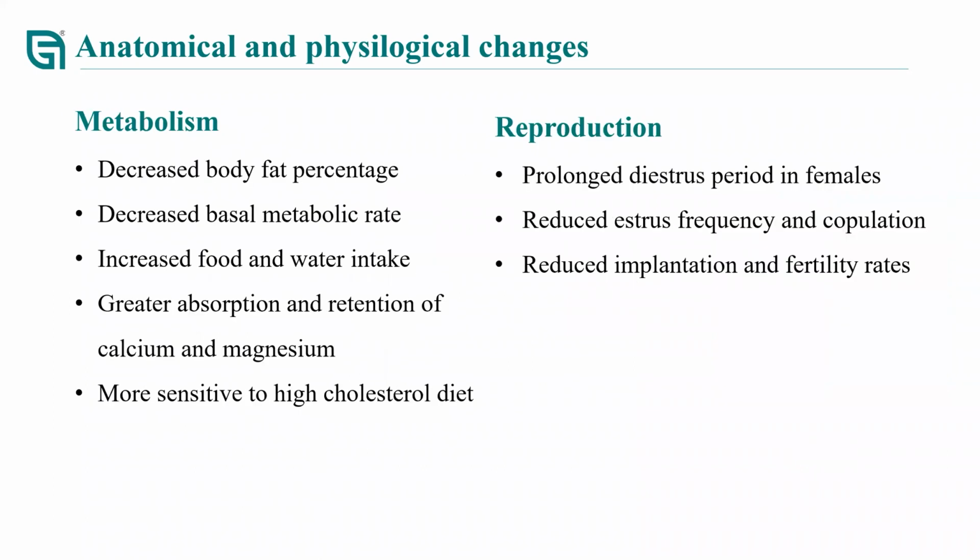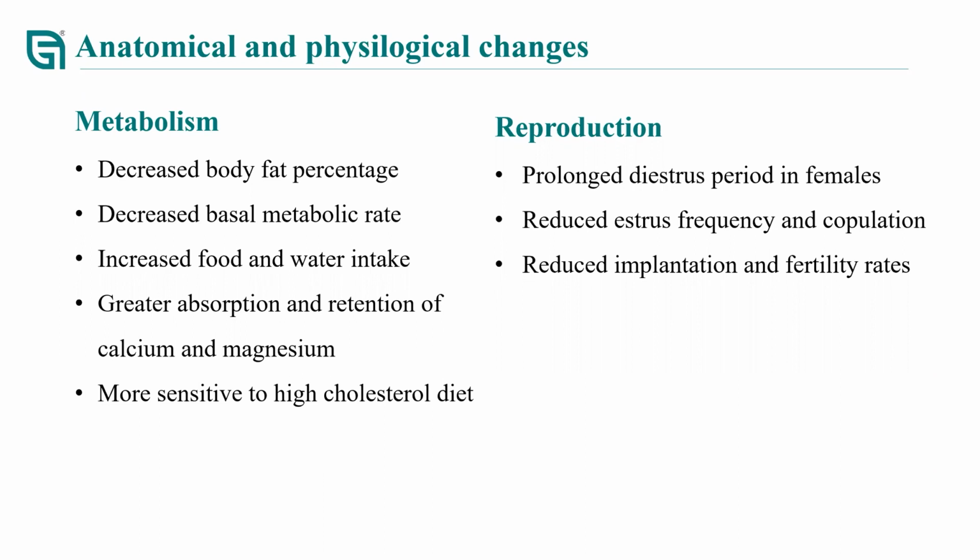So another one is the metabolic system. Germ-Free mice are characterized by decreased body fat and decreased metabolic rate, but increased food and water intake. Next to that, the absorption and retention of calcium and magnesium in GF mice is better than that of SPF mice.